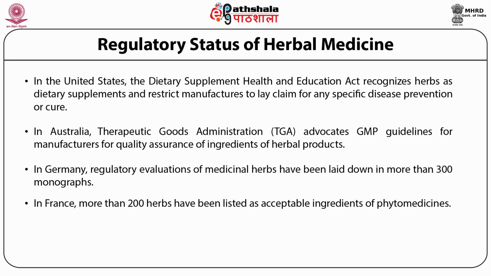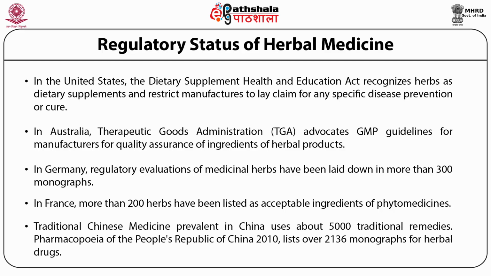Our neighbor China also practices a traditional system of medicine known as traditional Chinese medicine. It is prevalent in China and adjoining countries. About 5,000 traditional remedies are used.